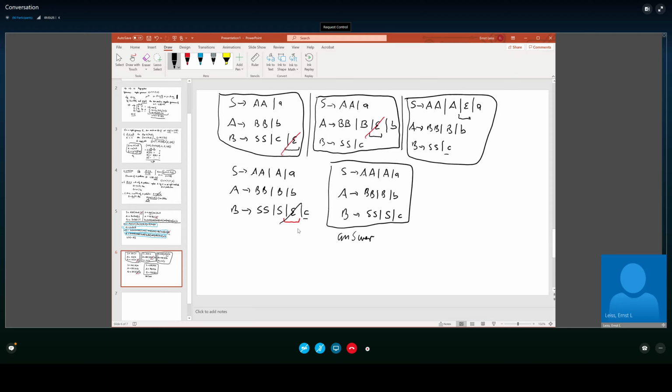Today's Monday, so on Wednesday we're going to look at another elimination. This is in some sense easier, in some sense more complicated. If we have a production A goes to B, that means you have a variable that generates another single variable. This is called a unit production.